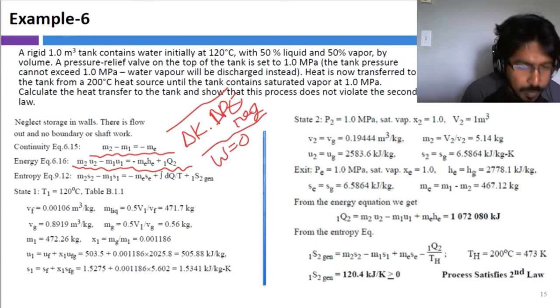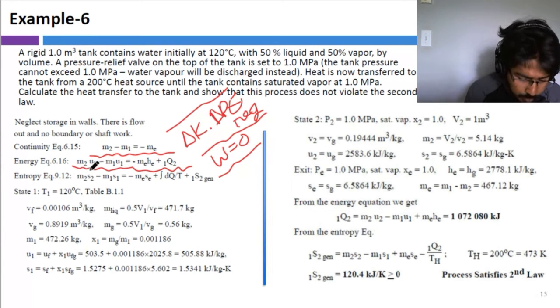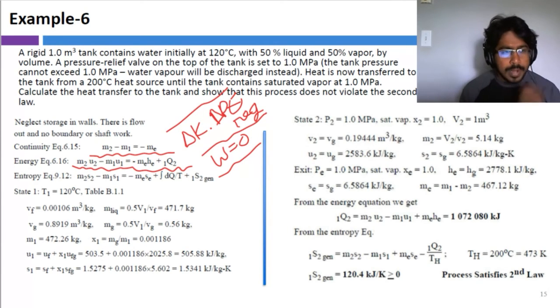W equals 0, no boundary work or whatsoever work done during the process. And again, no mass entered the system. It's just the mass left the system, right? So that way, the difference of total internal energy of the system is going to be M2U2 minus M1U1.